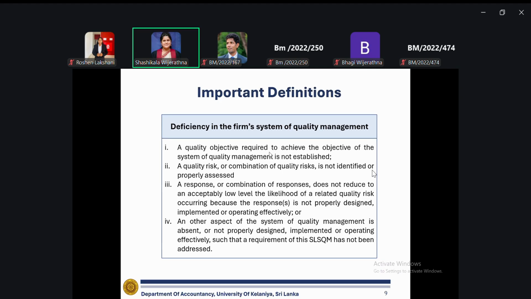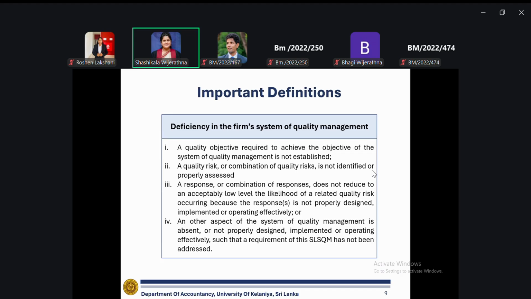Okay. So then we have the third deficiency: a response or combination of responses does not reduce to an acceptably low level the likelihood of a related quality risk occurring, because the response is not properly designed, implemented or operating effectively.